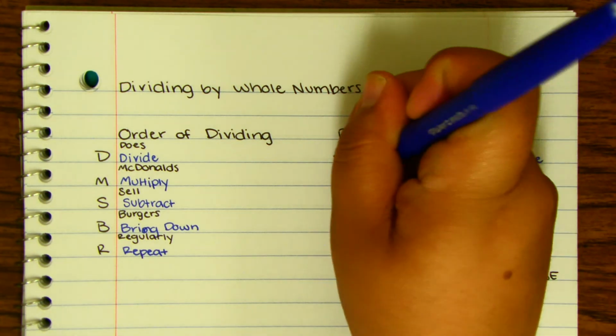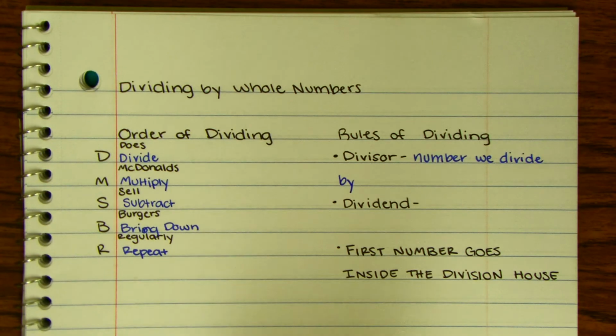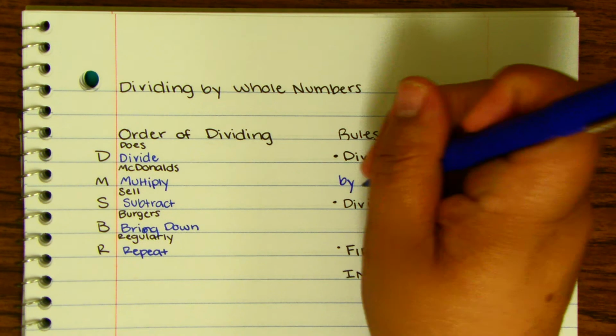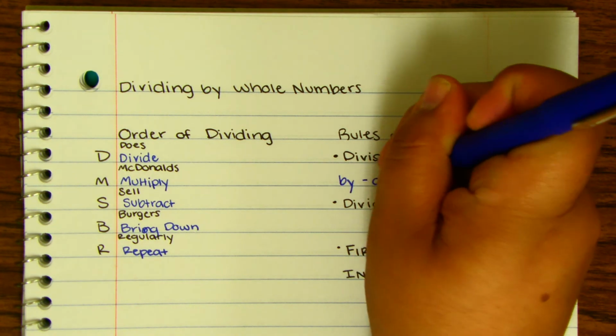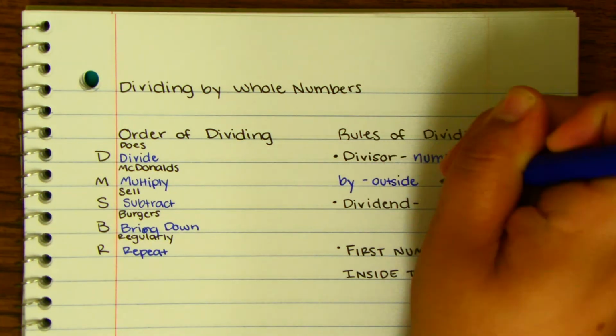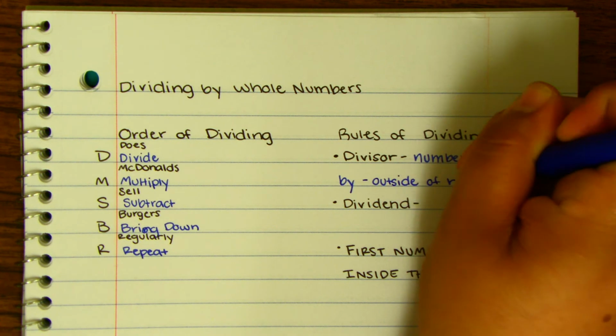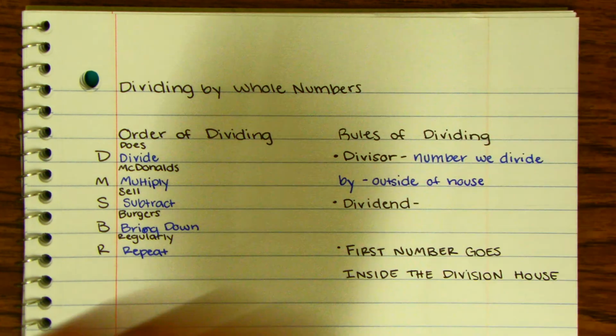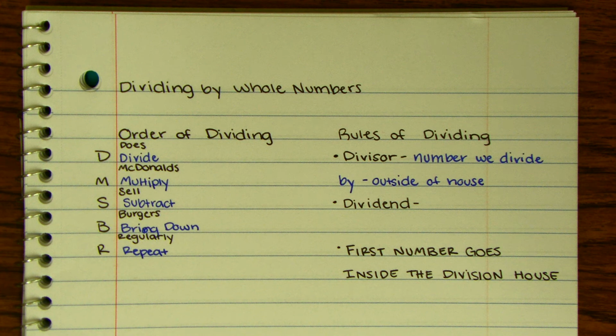This is also the number on the outside of the house. So the divisor is the number we divide by outside of our house.